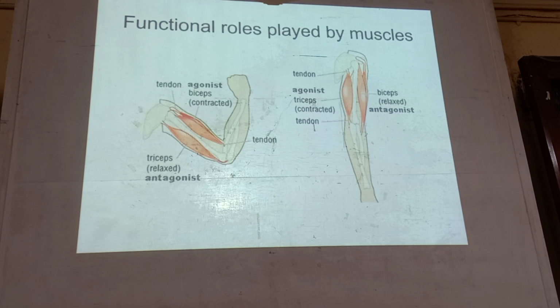Now, let us consider the desired movement is supination. Which is a strong supinator? Biceps. But suppose you want to supinate but not flex.